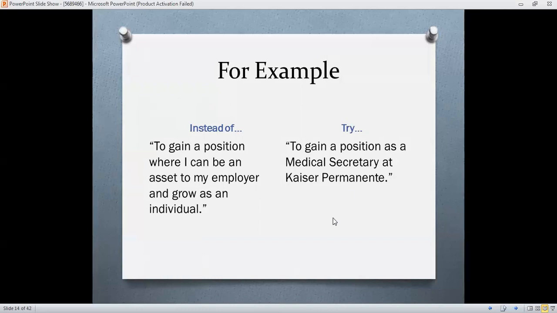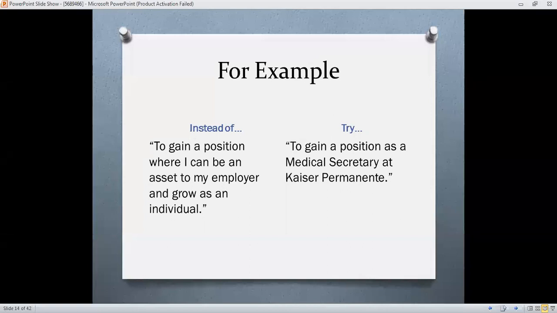So students, here is an example career objective which you mention in your resume. First is a sample: to gain a position where I can be an asset to my employer and grow as an individual.